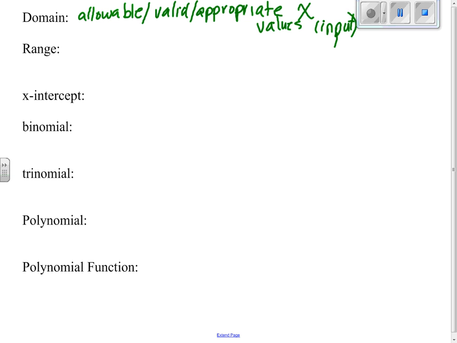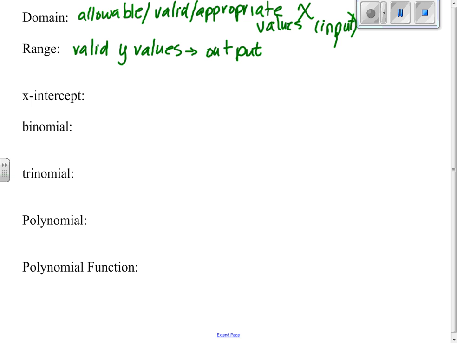The range is the same idea. It would be the allowable or the valid Y values, or the output.